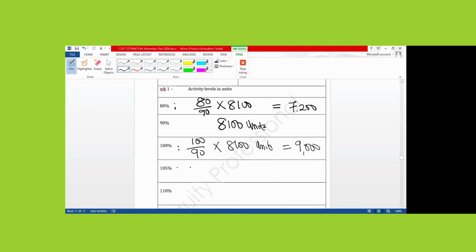At 105, 105 over 90 multiplied by 8,100 is 9,450. At 110, 110 over 90 multiplied by 8,100 is 9,900.